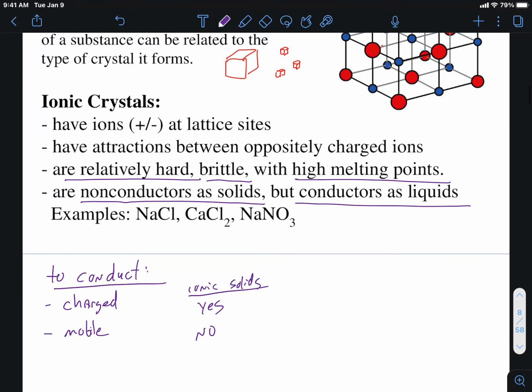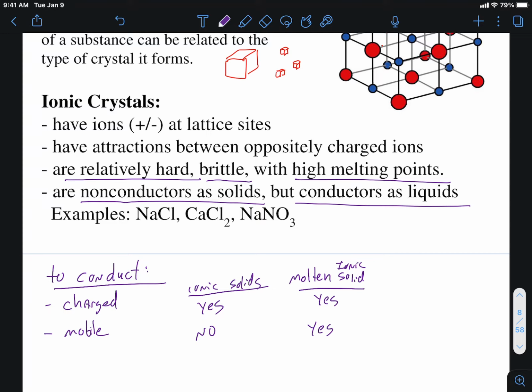But what if we melted it? So, molten ionic solid. Are they charged? Yes. Can they move? Yes. If you were able to melt it, even though I said you can't do it on your oven range at home, but we have special burners in AP that get like twice the temperature of the Bunsen burners we have in this class, then we could melt salt.